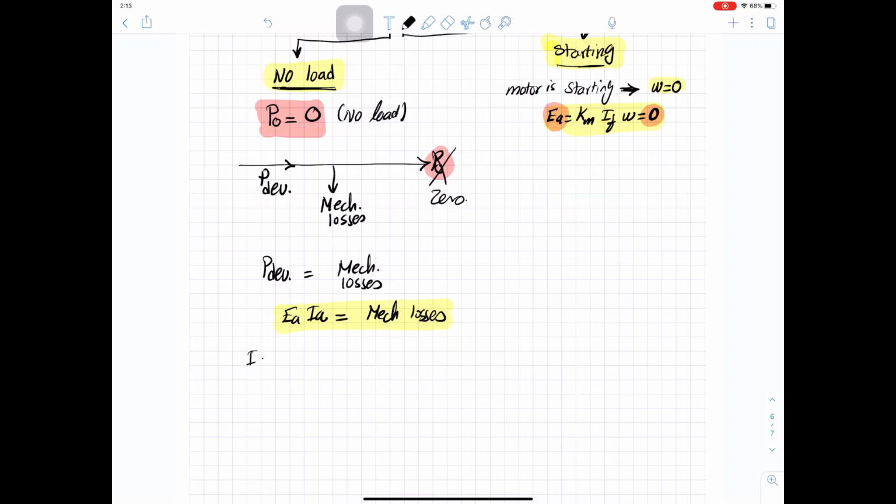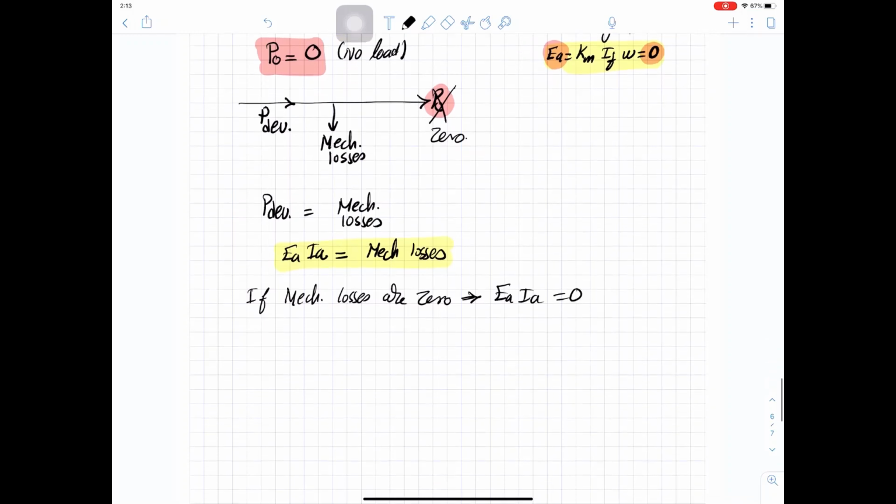So if the mechanical losses are zero, in this case EA IA equals 0.